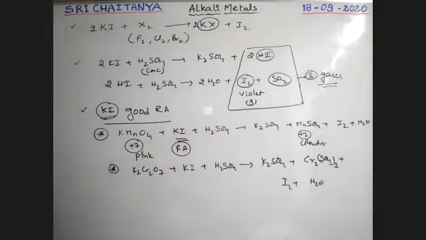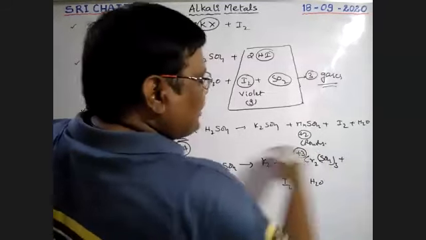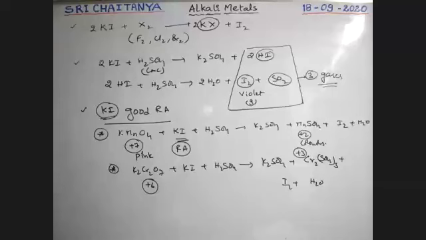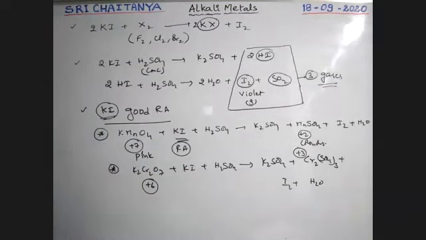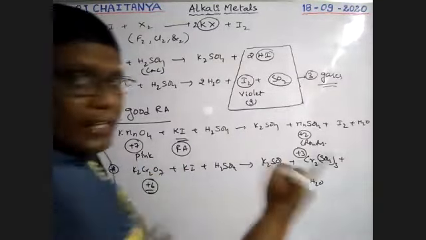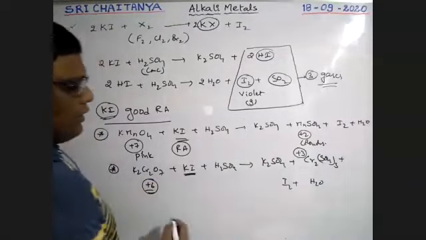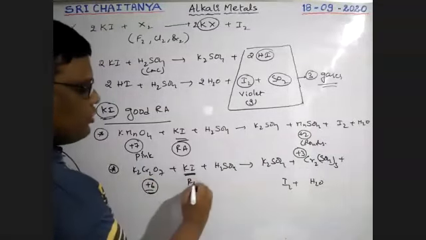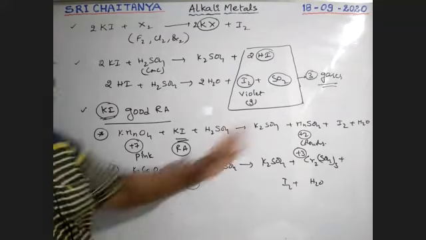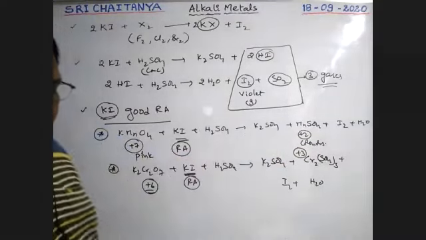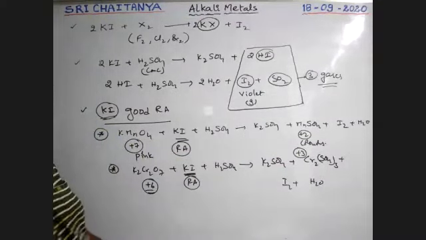Please balance this equation. Here chromium is in the +6 oxidation state, and in the product it is in the +3 oxidation state. The +6 compound is changed to +3. It is orange in color, and the product is green. So +6 changed to +3, that is reduction, and this reduction is with the help of potassium iodide. That's why it is a reducing agent: it is itself oxidized and acts as a reducing agent.